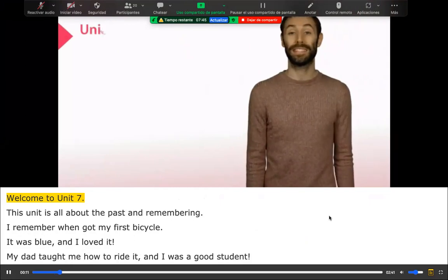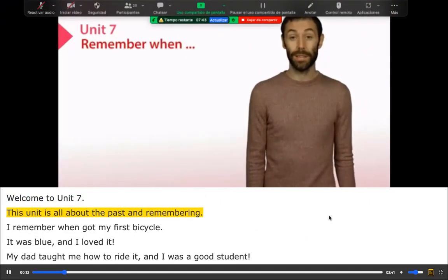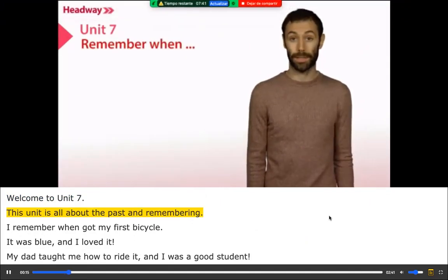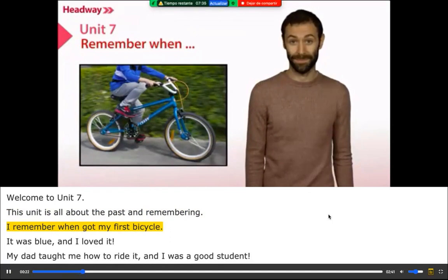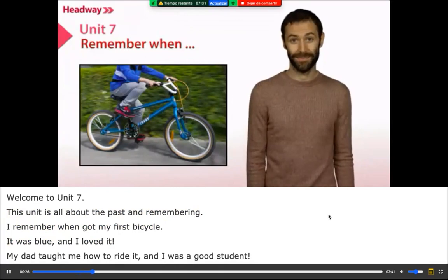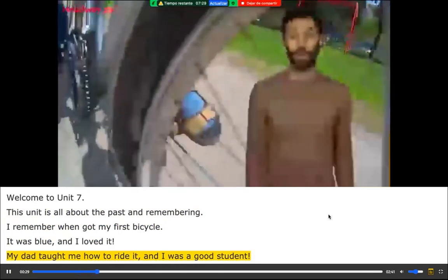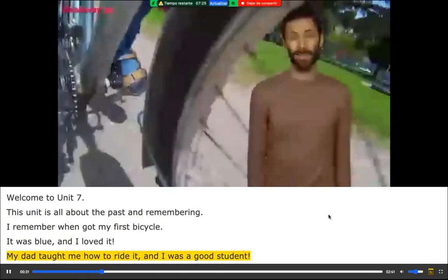Welcome to Unit 7. This unit is all about the past and remembering. I remember when I got my first bicycle. It was blue, and I loved it. My dad taught me how to ride it, and I was a good student.